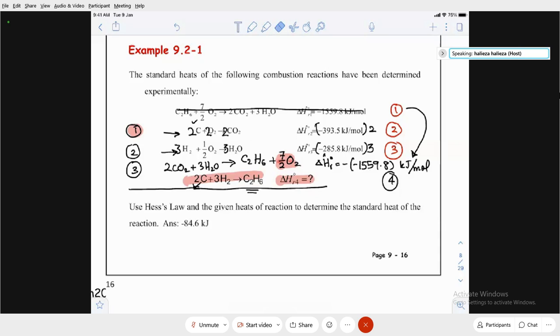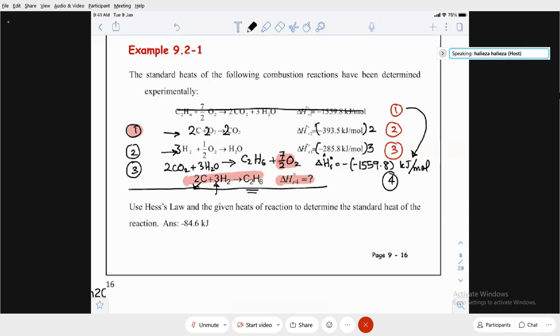Let me see. This is oxygen. Initially, it was like this. Okay. Then I multiply it by 2. That's 2 carbon, 2 oxygen, 2 carbon dioxide, right? Isn't it? Somebody, please check. So now that's 2. Now I multiply by 3 because I have 3 over there.